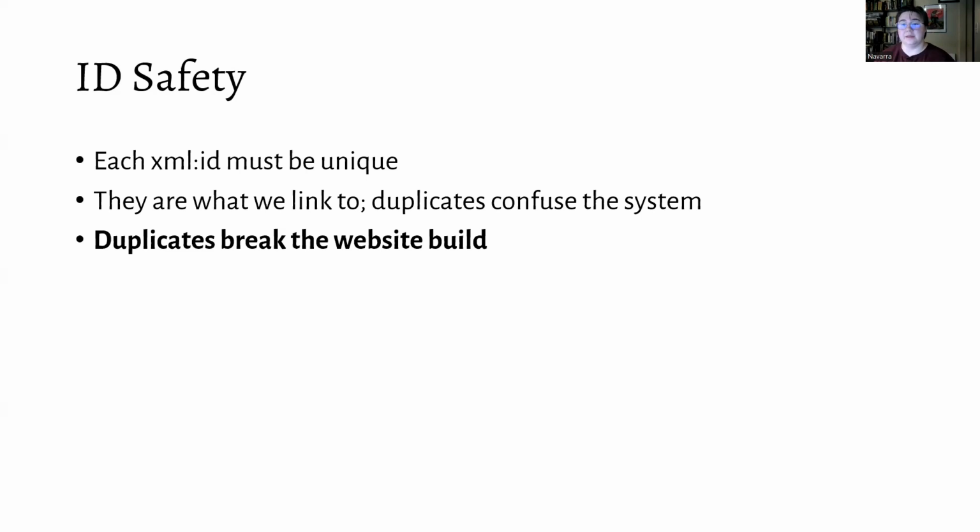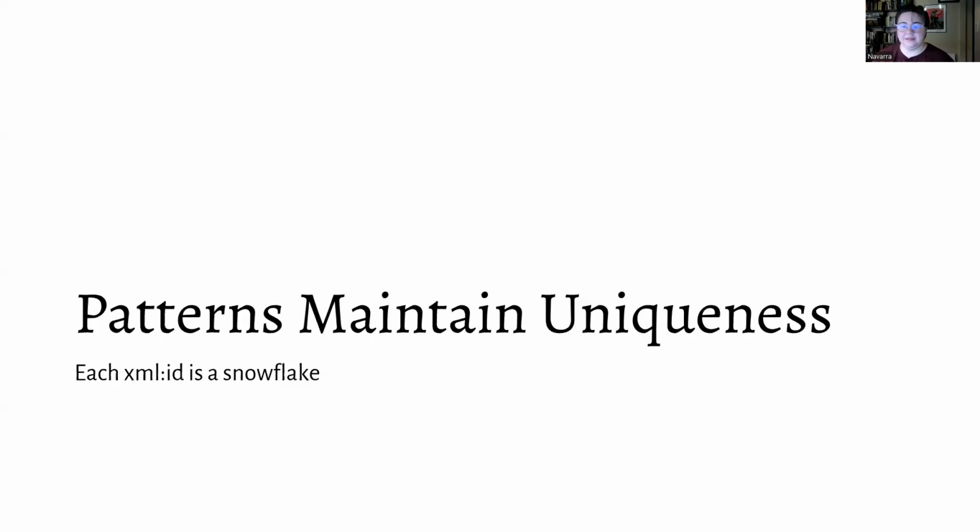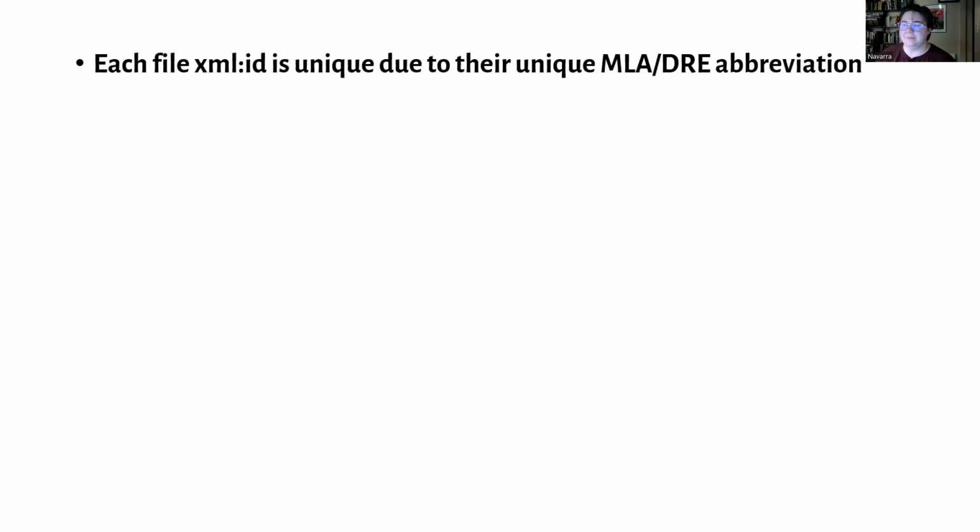Every time that we commit our changes to files, it kicks off a new build of our development site. And if it finds that there's more than one XML ID that's the same, it just won't be able to build. So we always need them to be unique. And patterns maintain uniqueness. Each XML ID is a snowflake. It is its own thing. No two are the same.